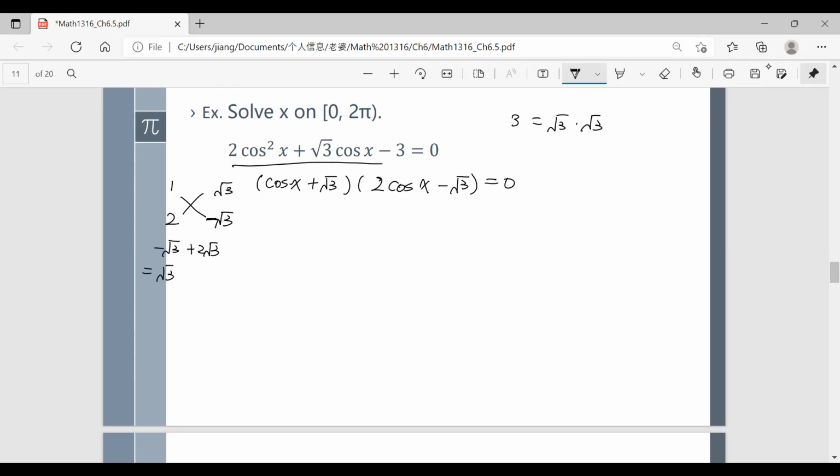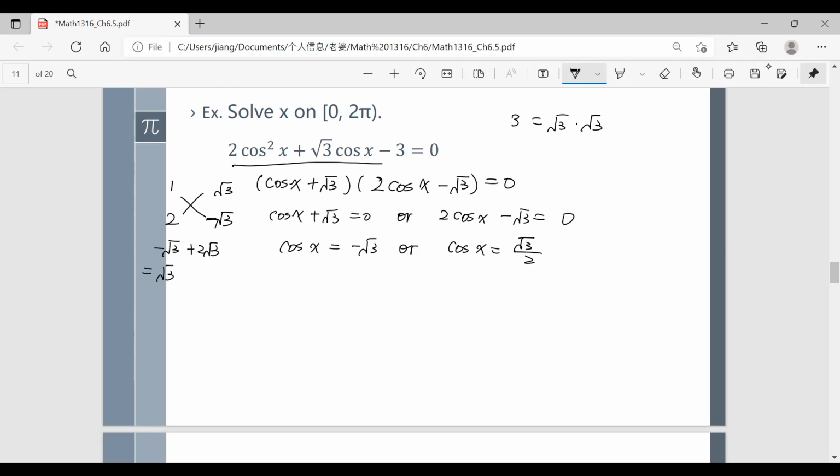This term equals 0, or this term equals 0. So cosine x plus square root of 3 equals 0, or 2 times cosine x minus square root of 3 equals 0. And then cosine x equals negative square root of 3, or cosine x equals square root of 3 over 2.